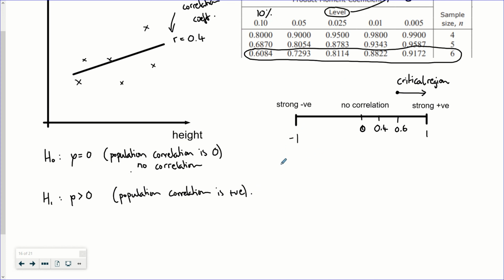So from this table, let's suppose we're working at the 10% significance level. This table tells us that our critical region is r bigger than 0.6084, because that's close enough to 1. Well, in this case, we're at 0.4, which is less than 0.6084. So we're not close enough to 1 in this case. So we can't conclude that there's a positive correlation. So let's write that down. So we're not going to reject H0.